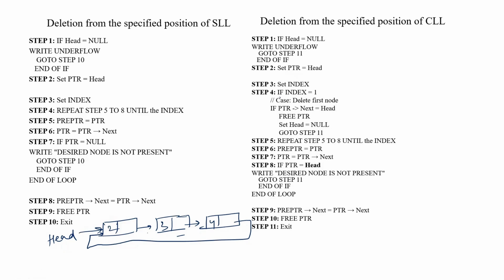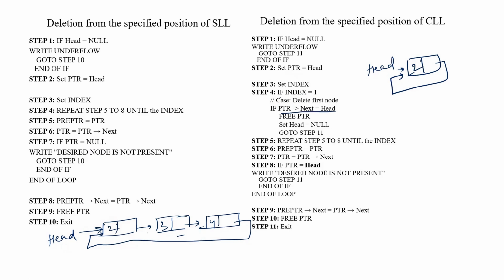So one extra step I have added here, that is step number 4. What is step number 4? If index is 1, it means we have only a single node in the linked list. So if there is a single node in the linked list, the first node is connected to the first node only. In that case, what will we do?